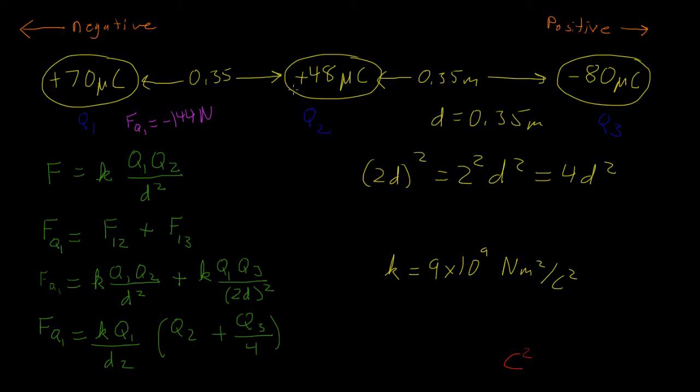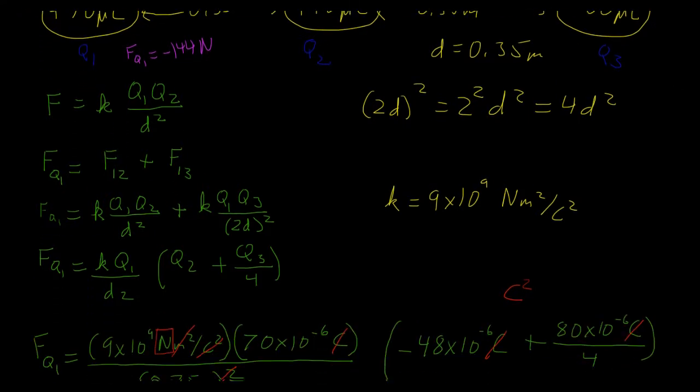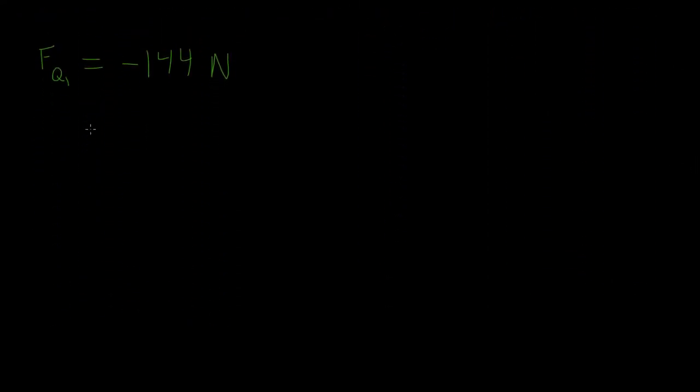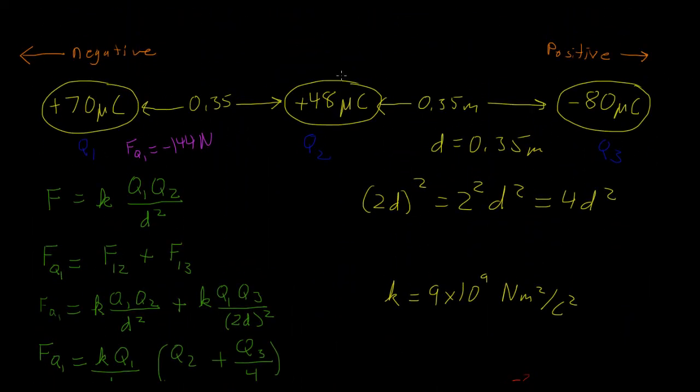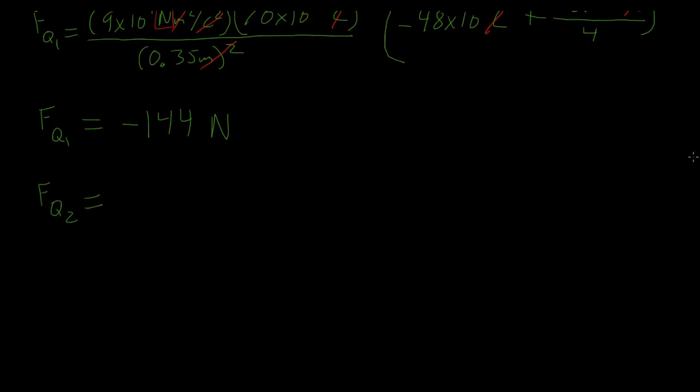And so now we need to repeat the procedure, except now we need to find the net force on Q2. So the force on Q2, and we're going to do the same thing that we did before. We need to find the force between Q2 and Q1 and add that to the force between Q2 and Q3. So we need to know the force between 2 and 1 and add that to the force between 2 and 3.